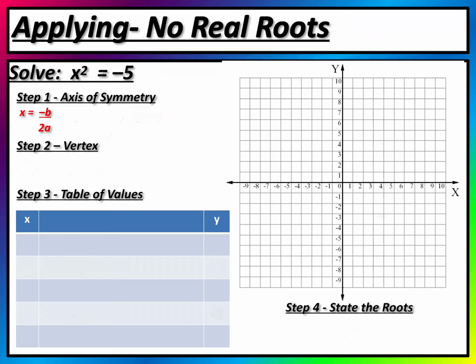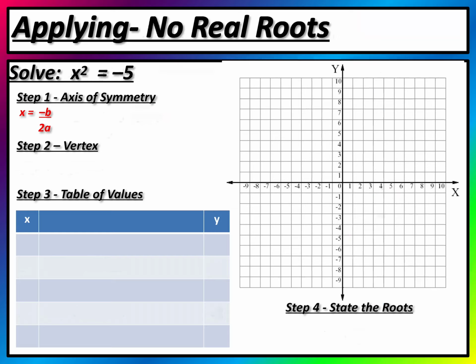Hey, scenario 3 says no real roots. Well, having seen 2 and 1 real roots, make a guess about what a no real root graph would look like. Okay, so I'm looking at the function x squared equals -5. I cannot start off the way that this is written.